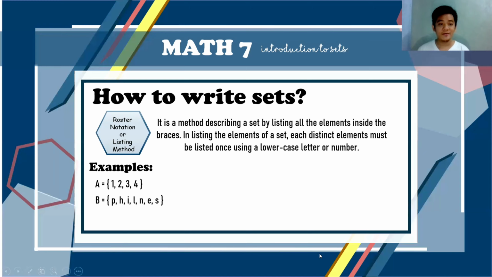But as you can see here, we only wrote 1 P and 1 I because according to the rule, when writing sets in listing method or roster notation, we only have to write the elements once. Next, we have set C equals {blue, red, yellow}. In conclusion, for roster notation or listing method, we just have to list the actual elements of the set.